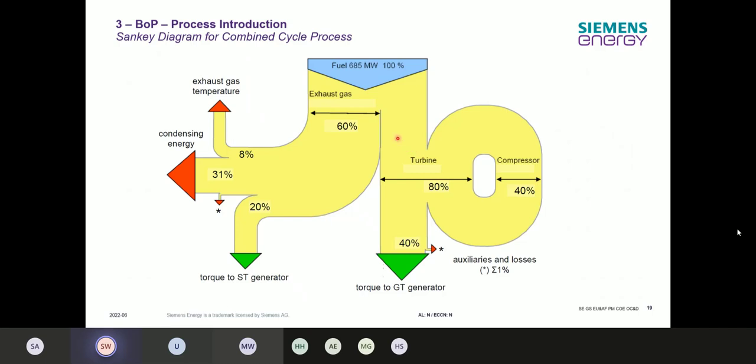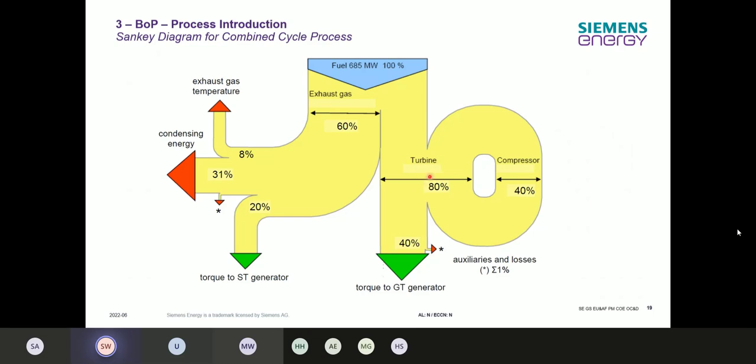For the turbine itself, let's say the turbine is producing here 80% of the power. So 80% will be produced here, 40% will be used for the compressor, so 40% is coming out at the end.